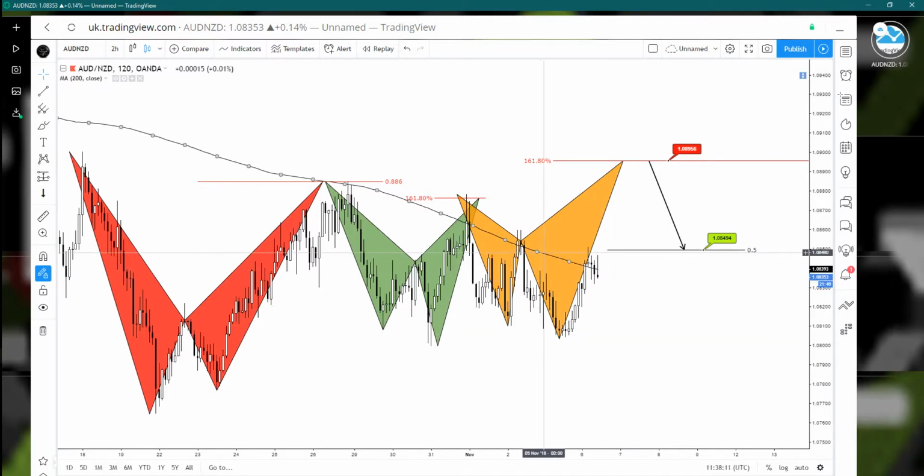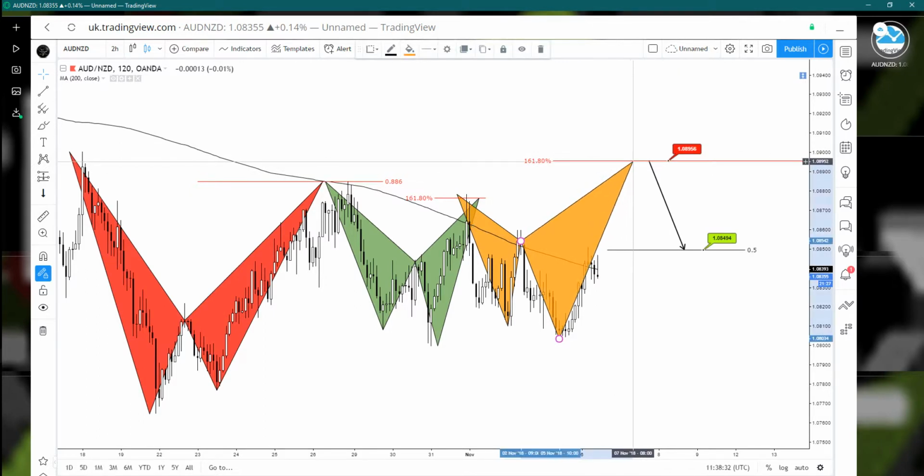keep respecting this media as the resistance, as we can see now, and it should force the price to trade lower. And if so, if the price violates this previous or most recent support level, I'm sure that will invalidate the possibilities to forge this bearish shark pattern if the price starts to sink from there.